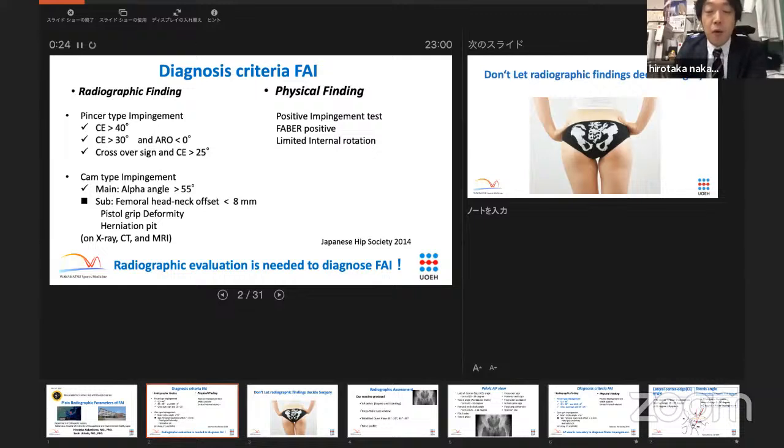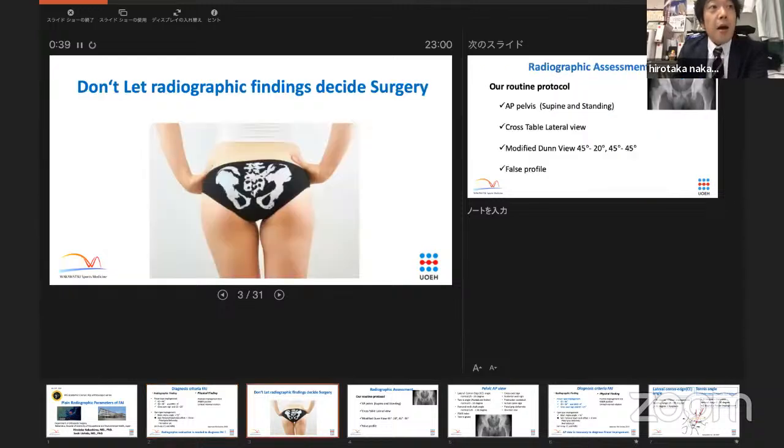The diagnosis criteria of FAI consist of two factors: radiographic findings and physical findings. So, radiographic evaluation is needed to diagnose FAI. However, don't let radiographic findings decide surgery. This is the most important point in my presentation.